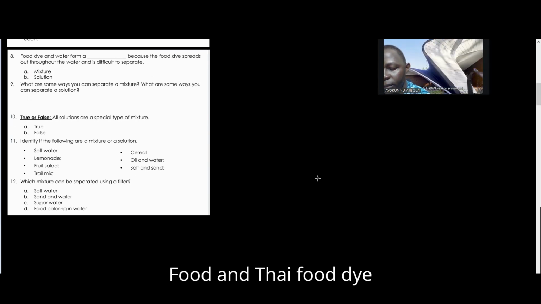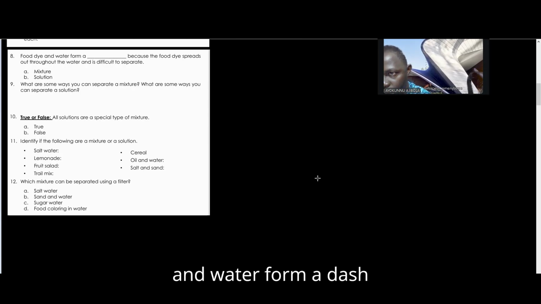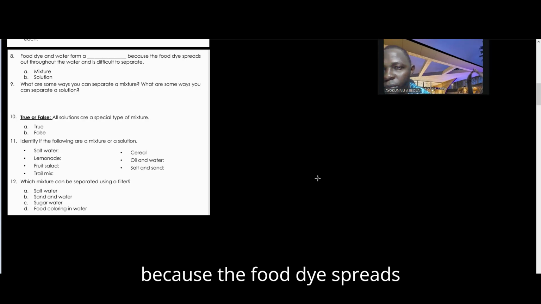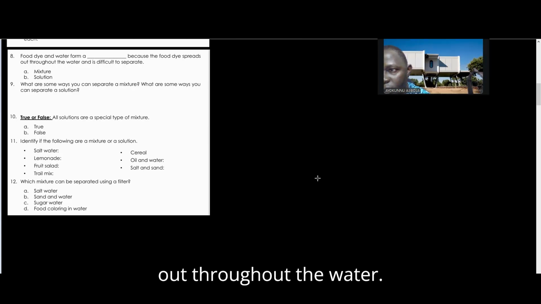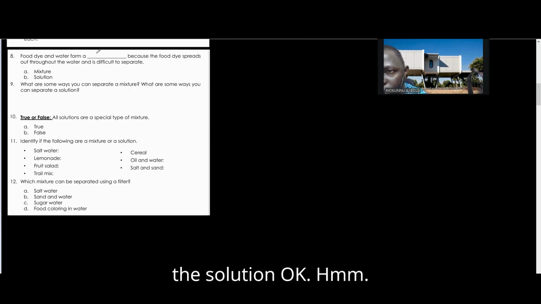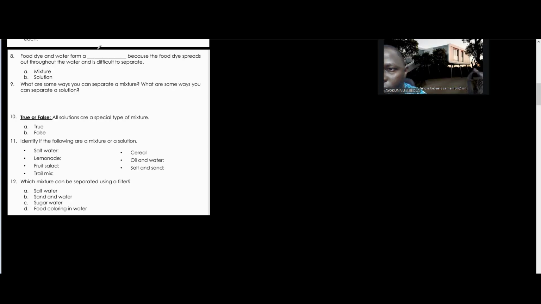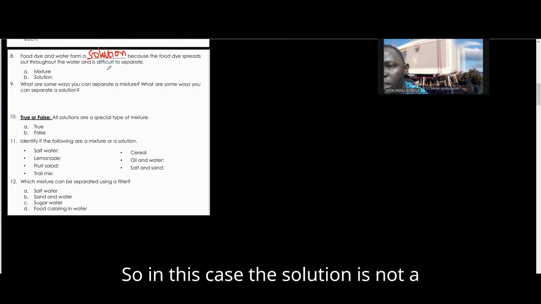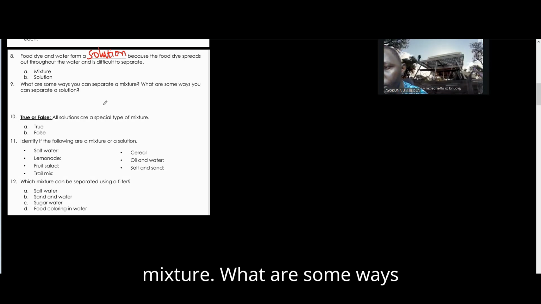Food dye and water form a dash because the food dye spreads out throughout the water and it's difficult to separate. It forms a solution, okay? Solution. So in this case, the solution is not a mixture.